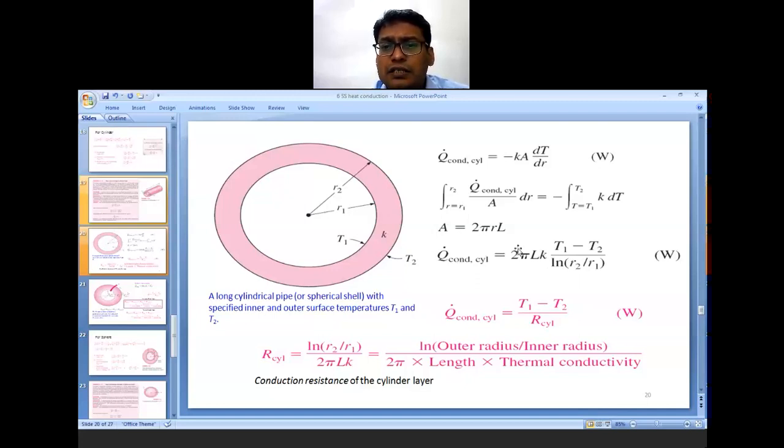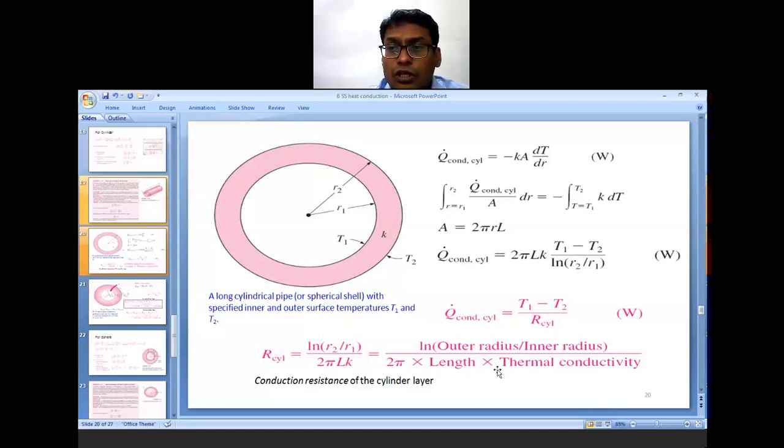Here the resistance term is of importance. The resistance for the cylinder is ln of R2 upon R1 upon 2 pi kL, that is, the ln of the ratio of the outer to the inner radius upon 2 pi into the length of the cylinder into the thermal conductivity of the cylinder.